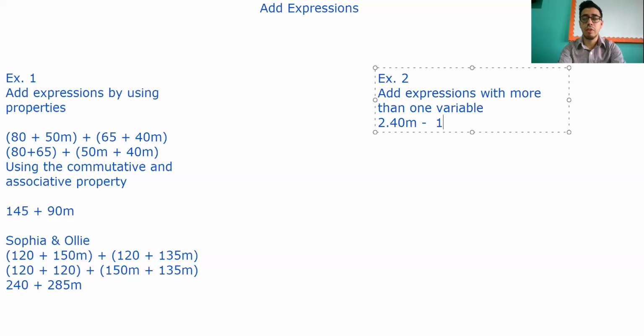So 2.40M, I'm going to copy the equation so you can see it. Minus 125. Why do they subtract this? Because this $125 is the cost for the ingredients. So they can earn the number of muffins that they sell multiplied by the price, but you need to subtract what you spend to cook the muffins, okay? So they subtract the number of dollars that they spend for the ingredients.